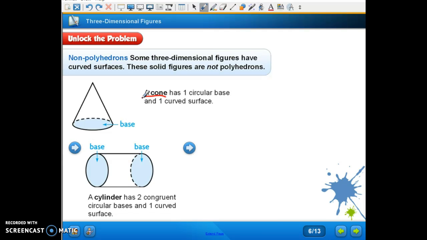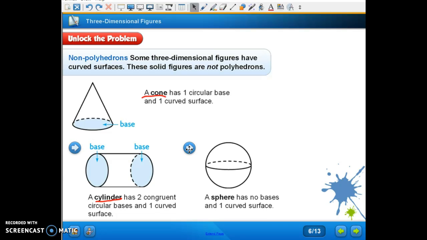So this is called a cylinder. It has two congruent circular bases and one curved surface. And last is a sphere. It has no bases and one curved surface. Okay? So are these three polyhedrons? No, there are no lateral faces on these.